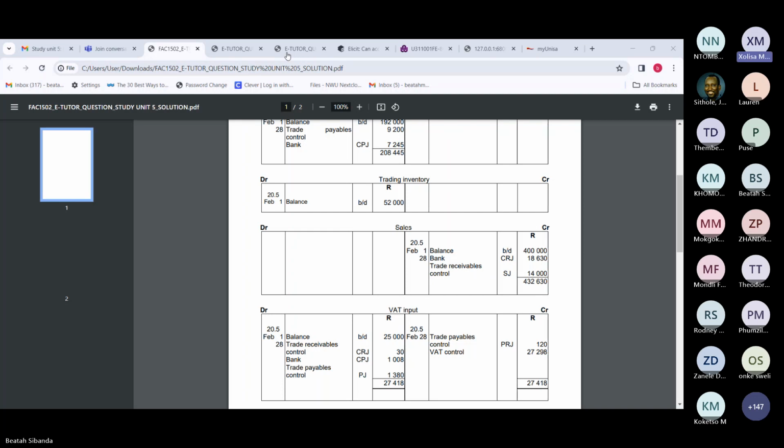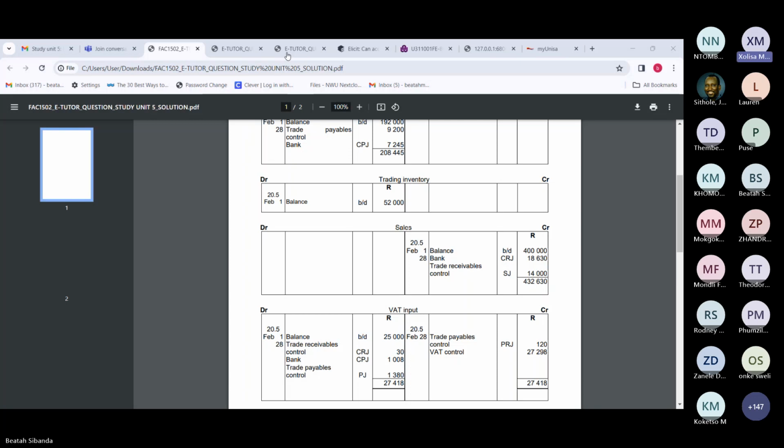Then we see that we've got that 30 input VAT that was recorded in our cash receipts journal. That was a 30 on the settlement discount, right? We call it input, but it's almost a reversal of output. But anyways, it's still fine, right?